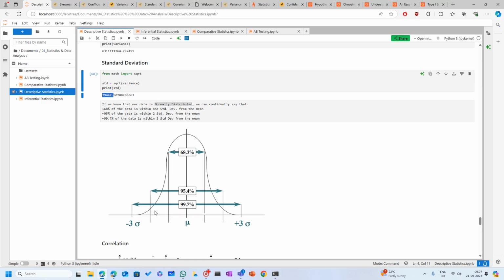So all those users fall under this bucket, 95.4%. The remaining 5% is distributed 2.5% here and 2.5% here.